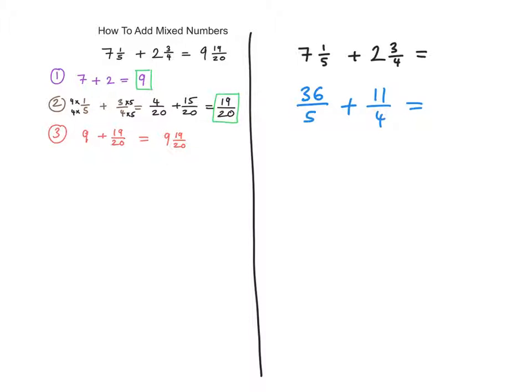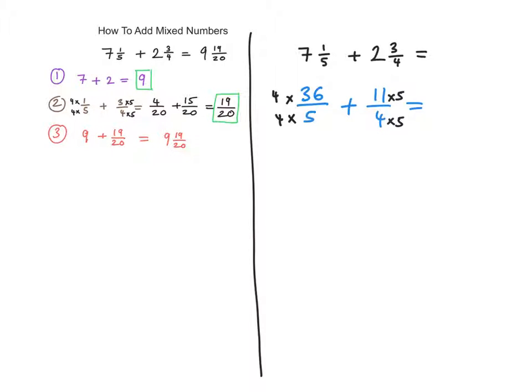To make this denominator 5 into 20, I need to multiply it by 4. And if I multiply the denominator by 4, I must multiply the numerator to keep the fraction consistent. And to make this denominator into 20, I need to multiply that by 5. And then I need to multiply the numerator as well by 5 to keep the fraction consistent.